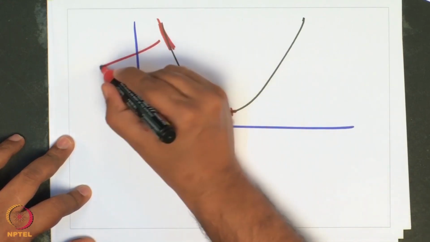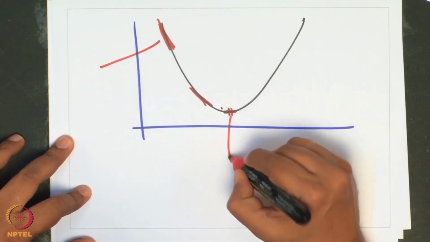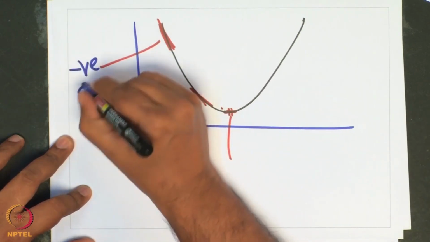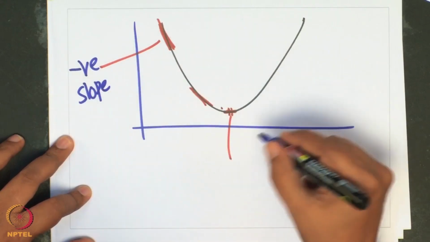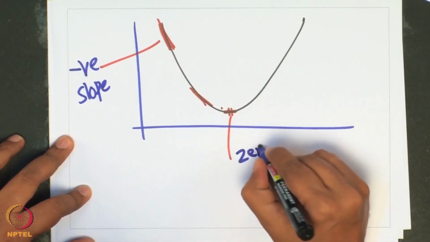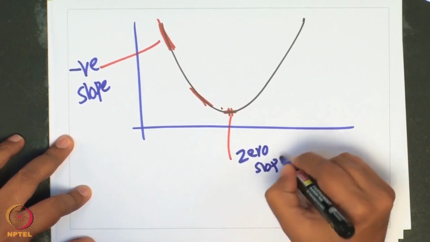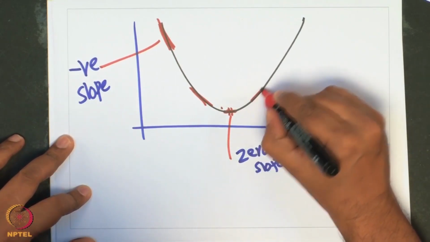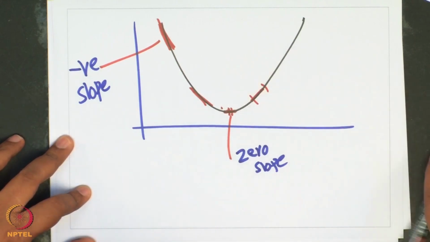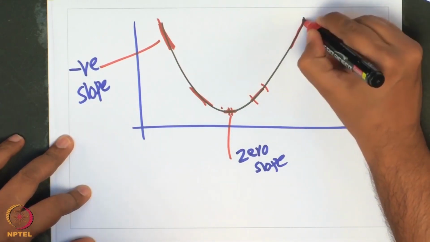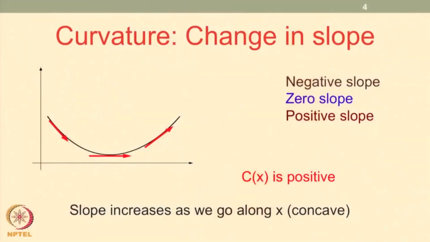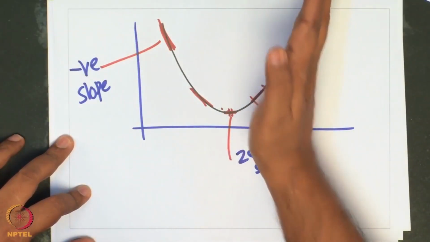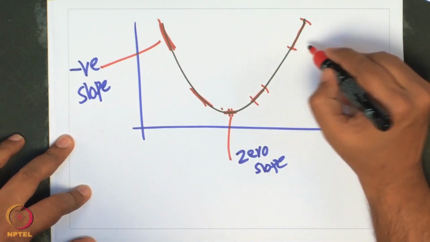So here this is negative slope. So let me write here: negative slope, 0 slope locally. Here, if I look locally, it's a positive slope. If I look here, it's also a positive slope, but this is tilted more, so this is more positive.